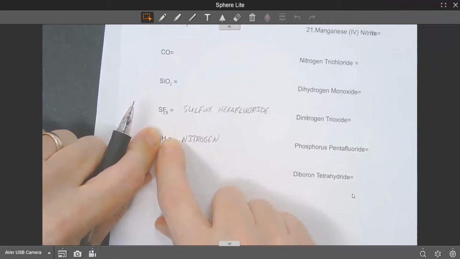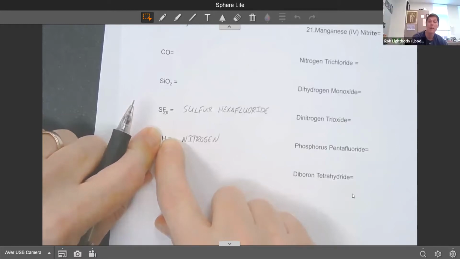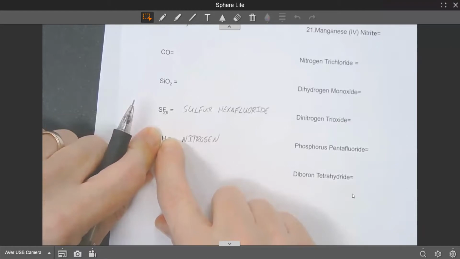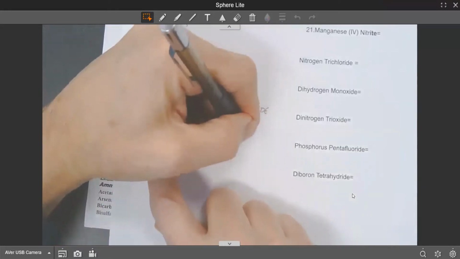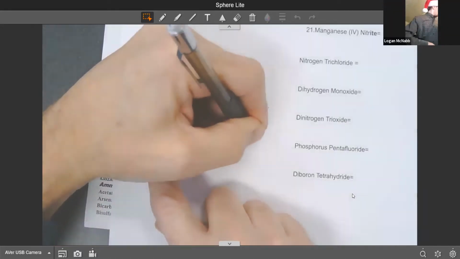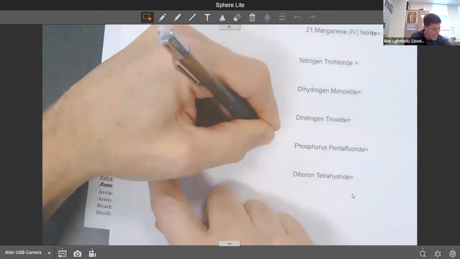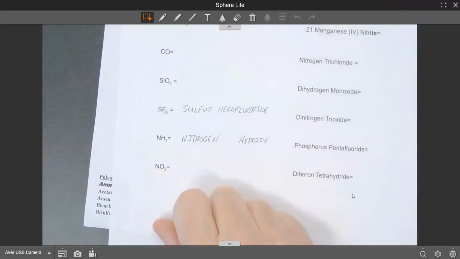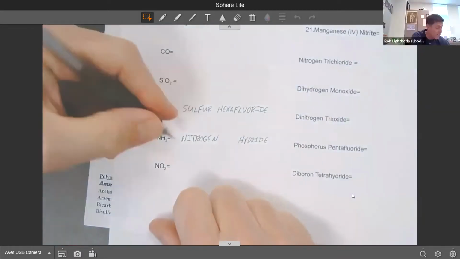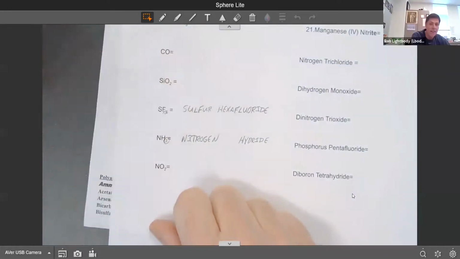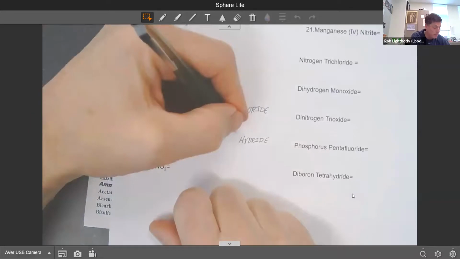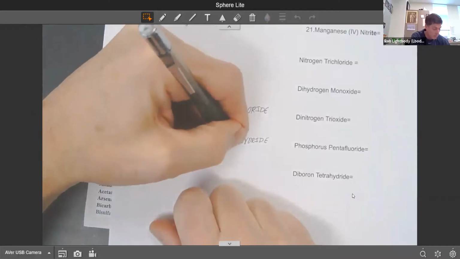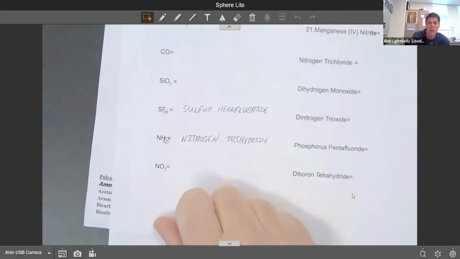No, hydrogide. Not hydrogide either. We actually cut more. It's hydride. Like high and dry, except it ends with a DE at the end of that. Would it be nitrogen trihydride? It would be tri because I need to include the fact that there's 3 of them. So nitrogen trihydride.